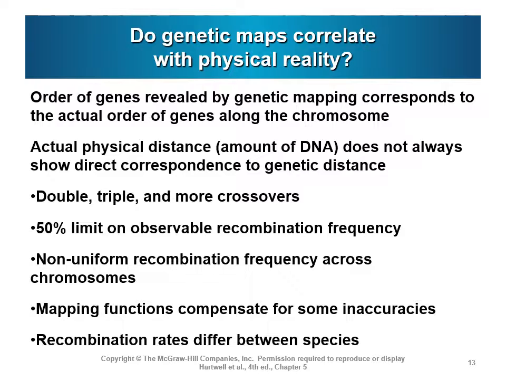We talked about that already, and we have shown that the addition of small portions of the map does not always represent the full distance of the gene. Also, there is a 50% limit on observable recombination frequencies. Another reason is the non-uniform recombination frequency across chromosomes, and also the mapping functions compensate for some inaccuracies, and recombination rates are different between different species.